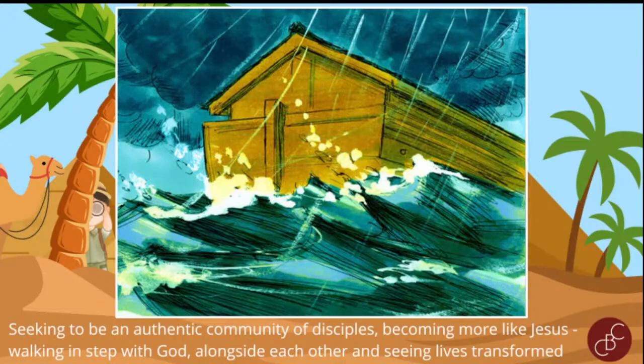And then the story progresses until we get to chapter 6 and verse 5, where God observes that every inclination of the thoughts of the human heart was only evil all the time. And the only exception to that was Noah, and so therefore God saves Noah and his immediate family from the flood. But then we move on, so everything restarts again after the flood.